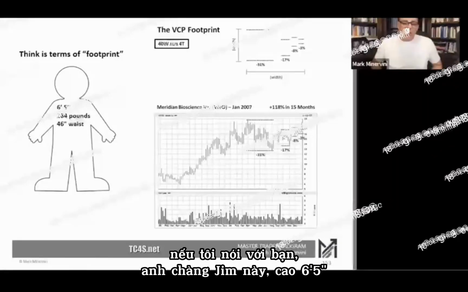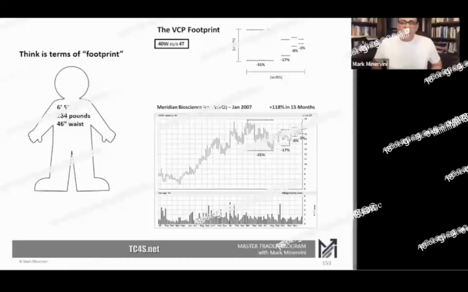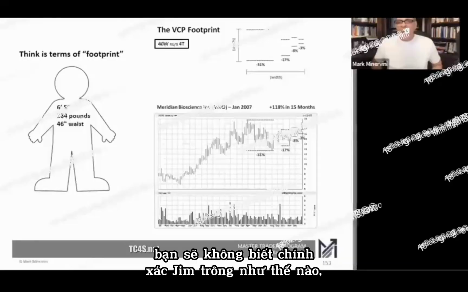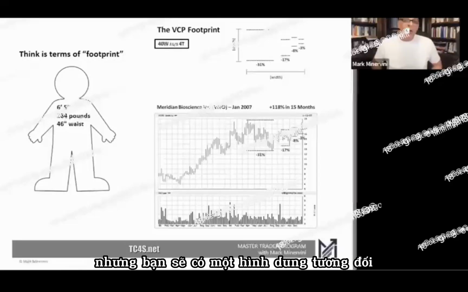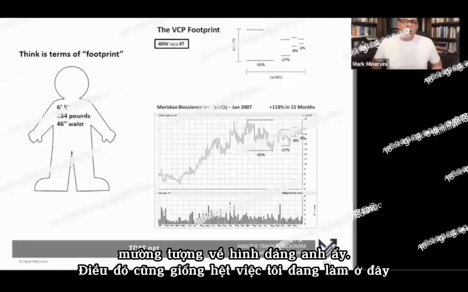If I told you this guy, Jim, I know is 6'5", he's 284 pounds, he's got a 46-inch waist, 54-inch chest, wears a size 13 shoe. You wouldn't know exactly what Jim looks like, but you'd have a pretty good idea of his build, and he's a big guy, and you'd get a good idea of a silhouette.